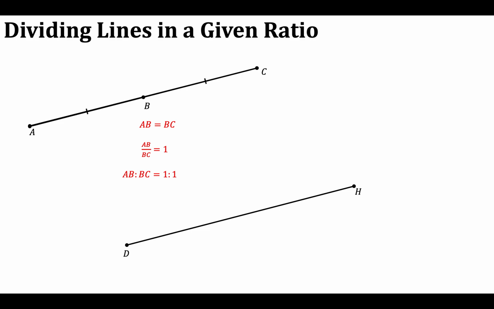Say we've got the line DH. I'm going to split this into 4 different pieces. I've introduced the points E, F and G, which lie along the line DH. And you can see here that DE is equal to EF, which is equal to FG, which is equal to GH. So the line DH is split into 4 equal parts.